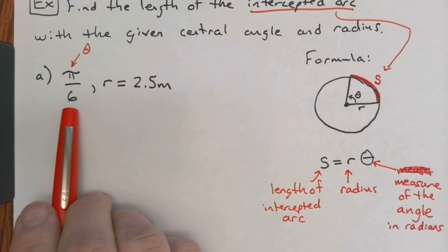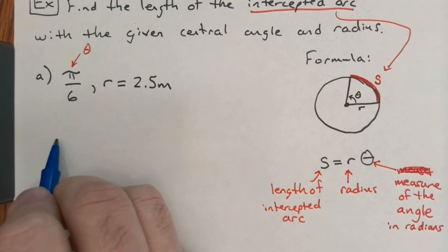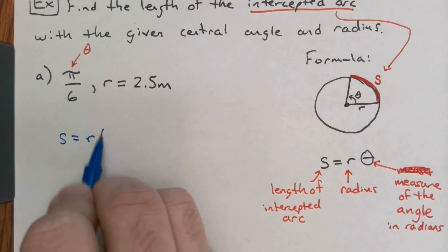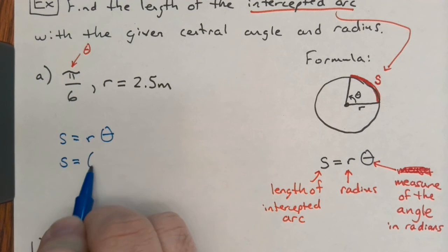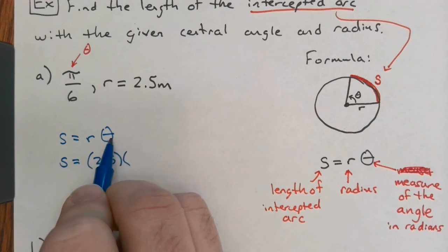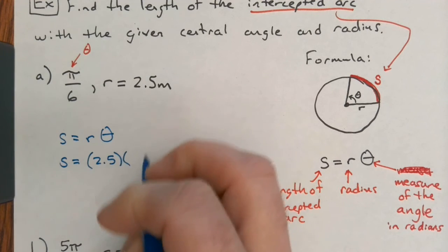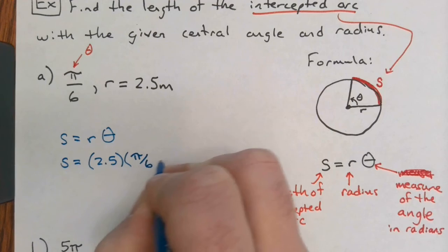This angle here is in radian measure, so we can plug that into our formula. So our formula is S is equal to R times theta. We're trying to find S. The radius is 2.5, and our angle theta, which has to be in radians in order for us to use this formula, is pi over 6.